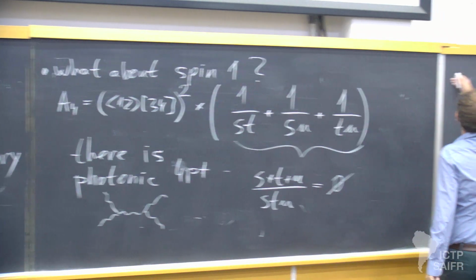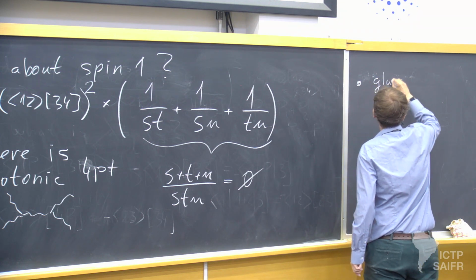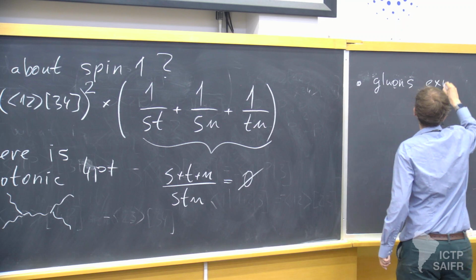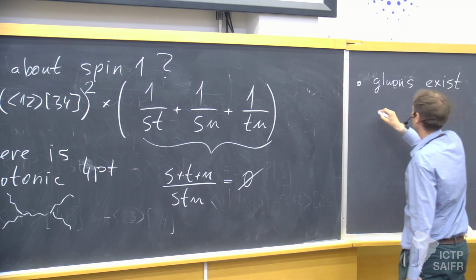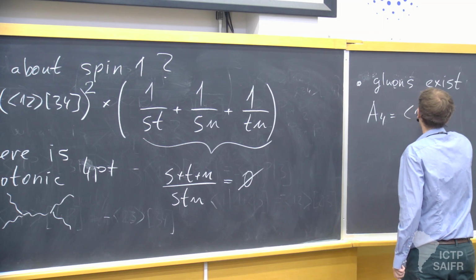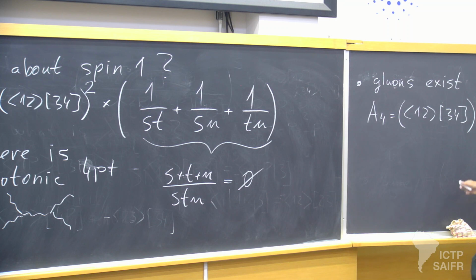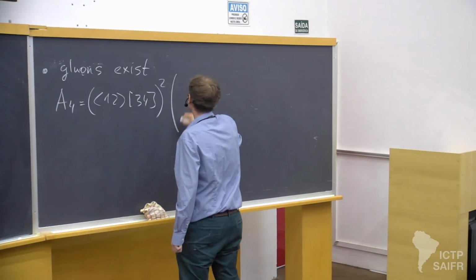So the gluons exist, or the gluonic amplitudes are consistent, and we just have to dress the 3-point amplitudes with some extra group structure.